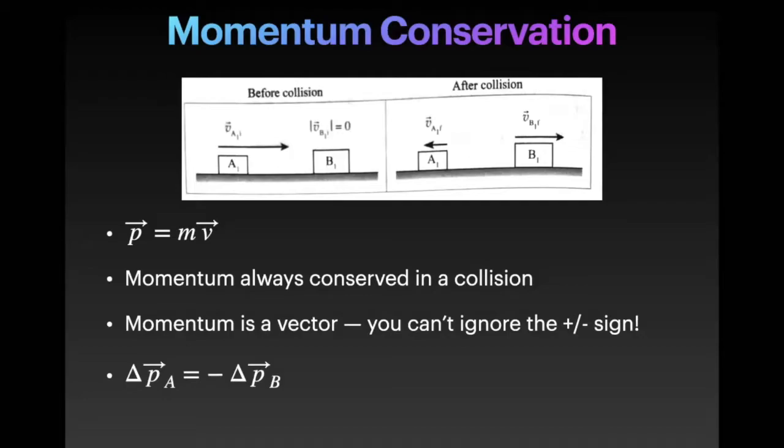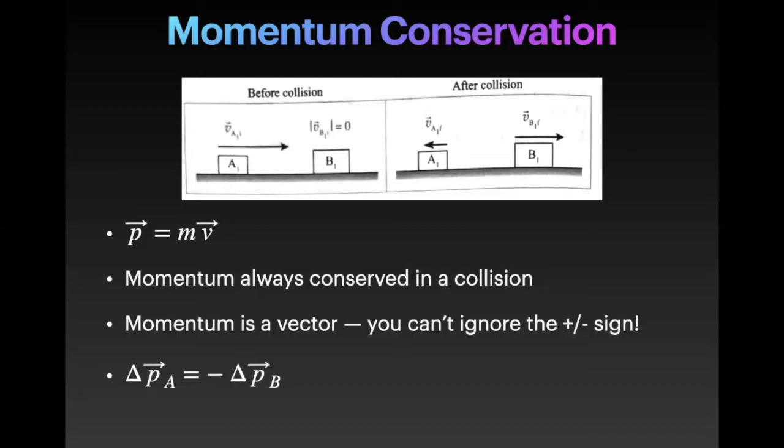Here we have what the rest of the worksheet is going to look like, and it's one object colliding. We could say elastically, but in reality it doesn't matter as long as what we care about is momentum. Object B always starts out at rest before the collision.